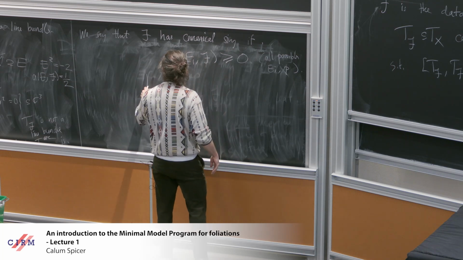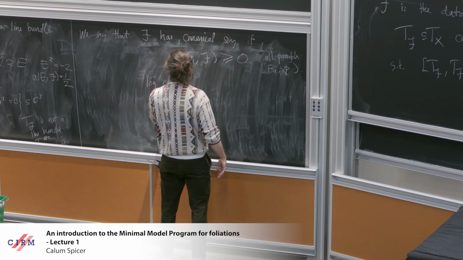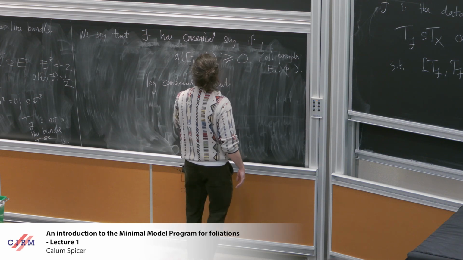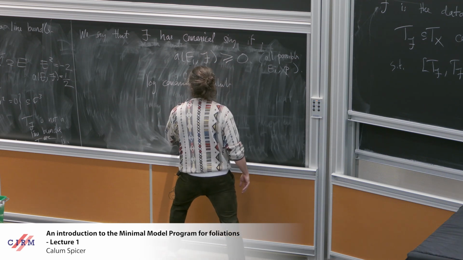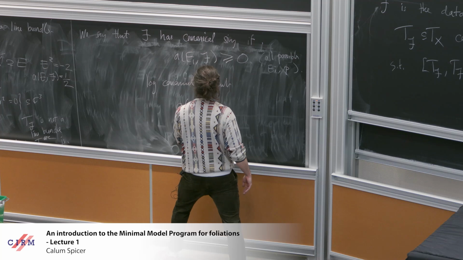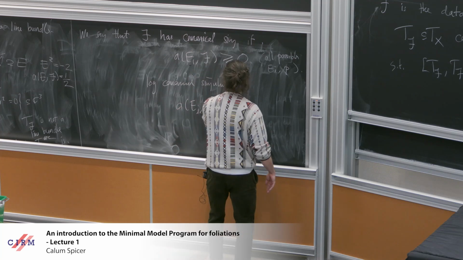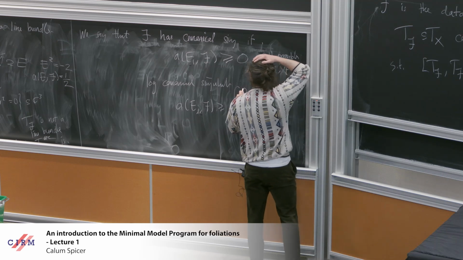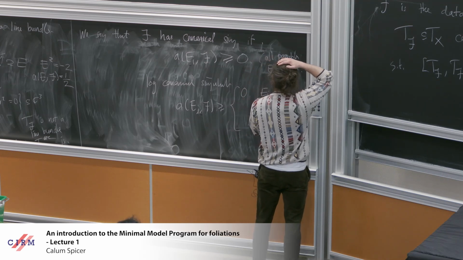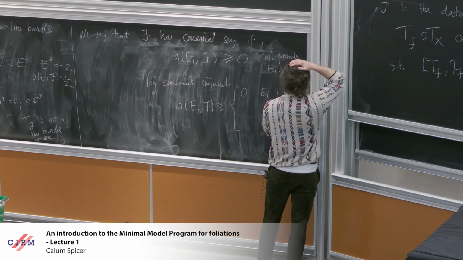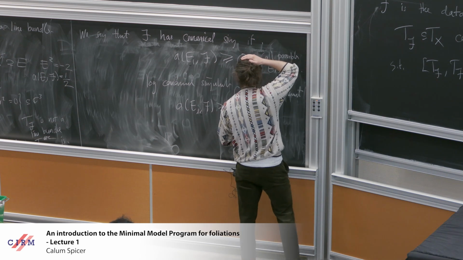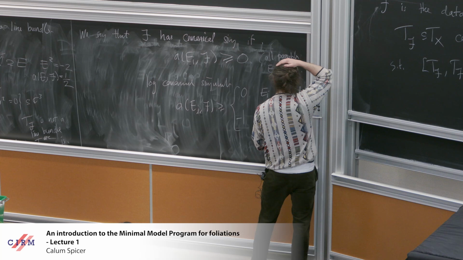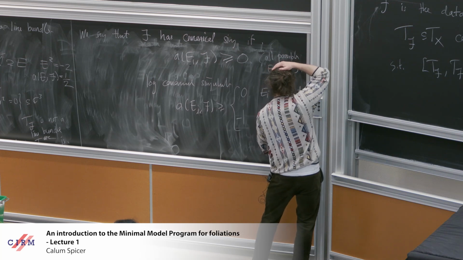It has log canonical singularities if a(E_i, F) is bigger than, now we have to do a little work, bigger than 0 if E_i is invariant, and -1 if E_i is not invariant.